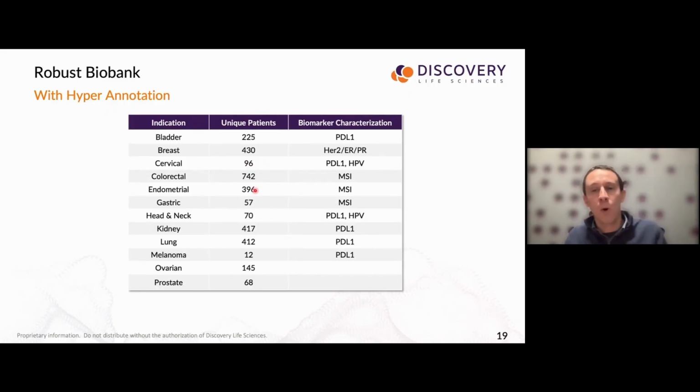And these are now being profiled not only for those targets specifically to look at checkpoint inhibitor therapies like PD-L1 and MSI, but also for the presence of HPV, for example, in cervical and head and neck cancers, or the HER2 and hormone receptor status in our breast cancers. And so now we have a huge, very robust biobank that we can start pulling samples from to generate complex tumor models.